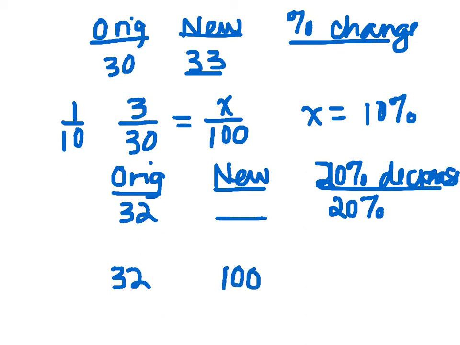So if I want to talk about a 20% decrease, this is the change. And if I want to figure out the change here, I'd have to say the new, the original is bigger than that. So I'm going to say 32 minus x.